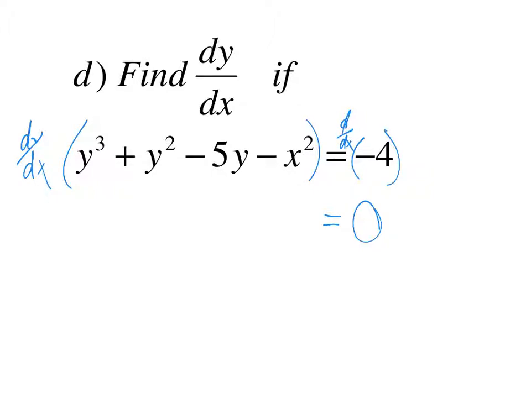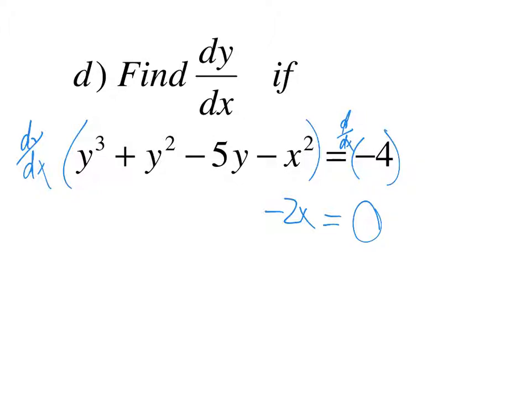Now, I've got to take the derivative of each of these parts. The problem is they're not all x's, so some of them are y's. So, now this last term here is the easy one. The derivative of that is just minus 2x. These ones here, though, I need to take the derivative with respect to y.